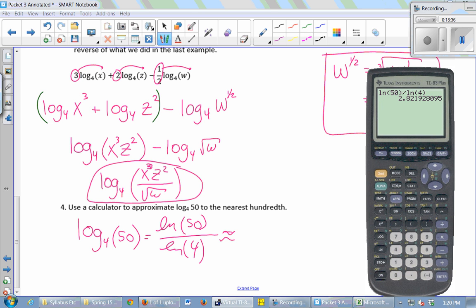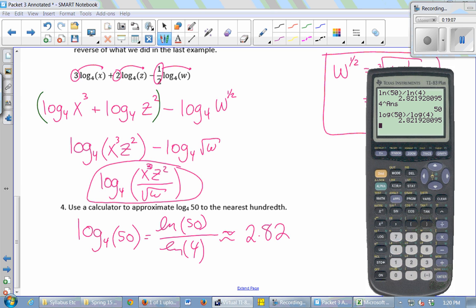Yeah, it should be somewhere between 2 and 3. 2.82. And you can check, right? That's the number that you raise 4 to, you should get 50. So if I do 4 raised to that number, I should get 50. And just to reinforce, you don't have to use ln, you can use log too. Log of 50 divided by the log of 4, same thing, 2.82.